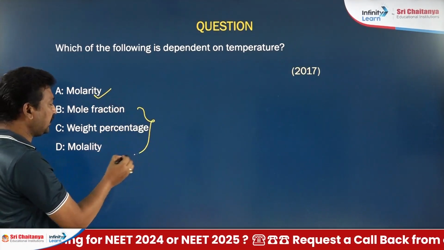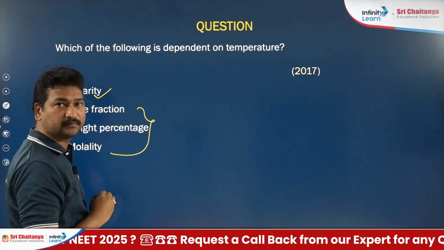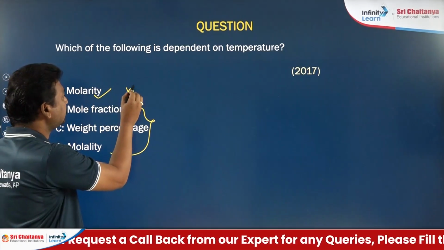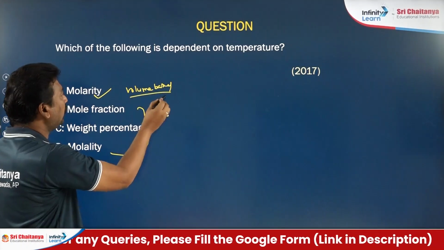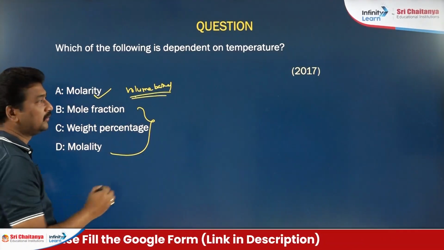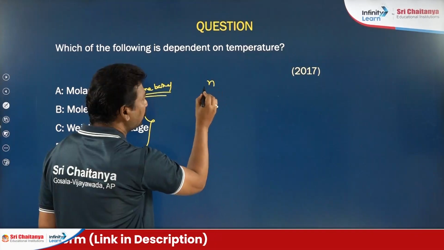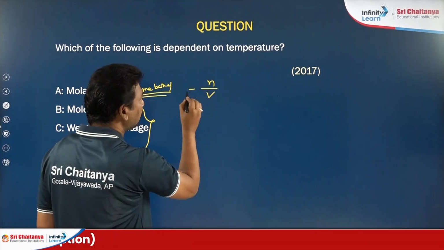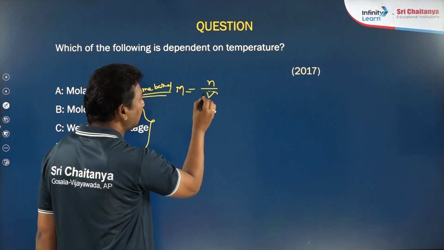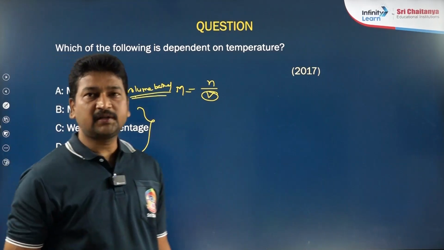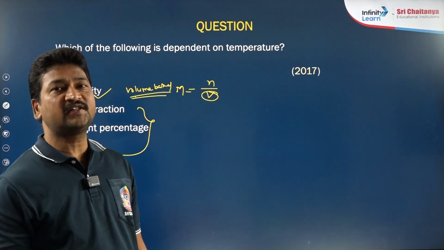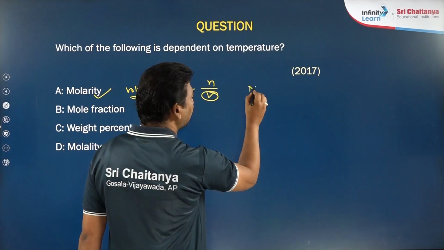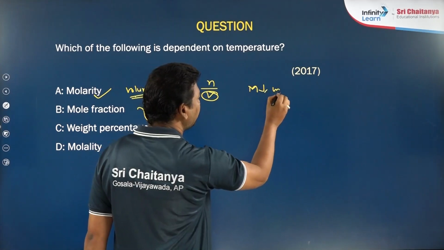Since volume is in the denominator, as temperature increases, volume increases, so molarity decreases with rise of temperature.